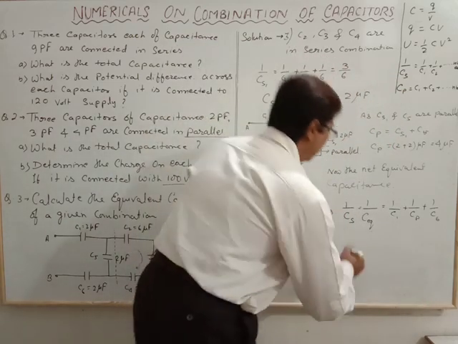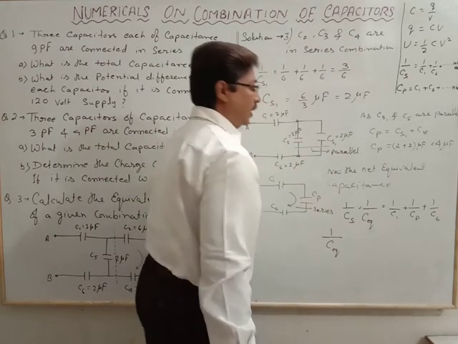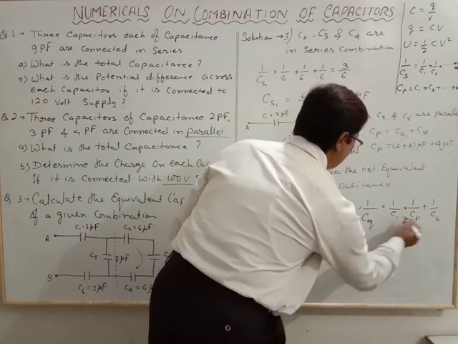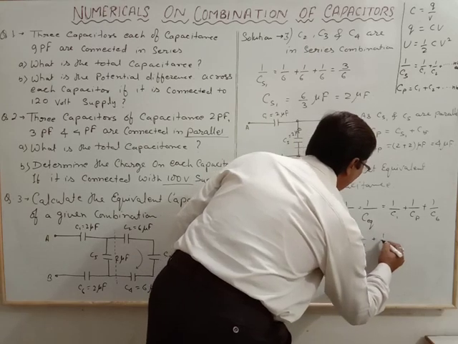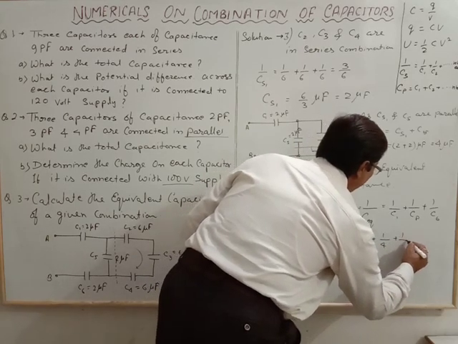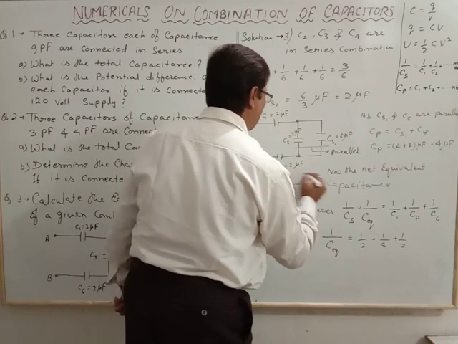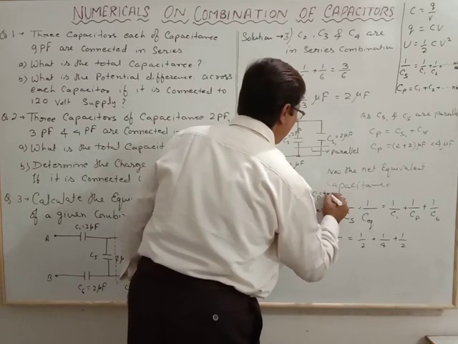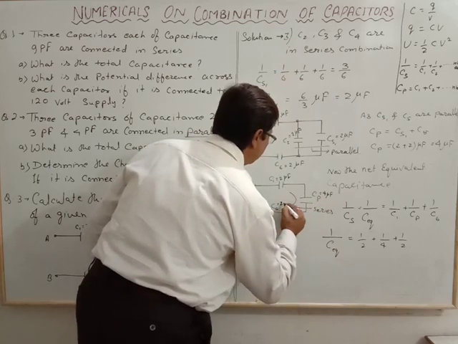So 1 by C effective is equal to 1 by 2 plus 1 by 4 plus 1 by 2. Here the capacitance is 2 microfarad, this one is 4 microfarad, and this one is 2 microfarad.